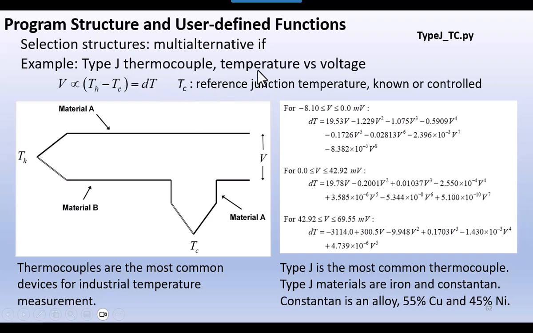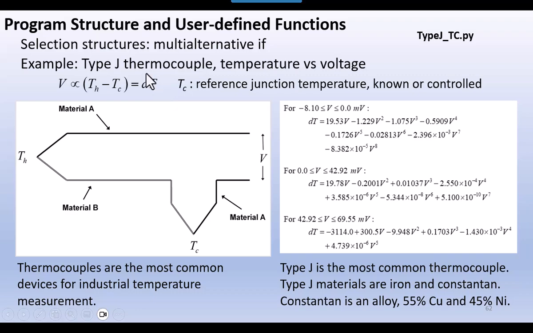And essentially, a thermocouple gives us temperature versus voltage produced, and it involves the use of two metallic materials that form a junction where you're measuring a hot temperature, and then there's an alternate junction here going from B to A where you have what is called a reference junction or cold junction. And then the voltage here, which is usually a small voltage in millivolts, is proportional to the difference between the hot junction and the reference junction.